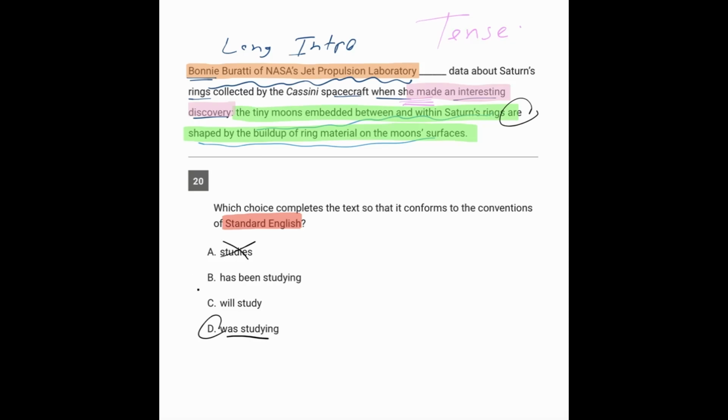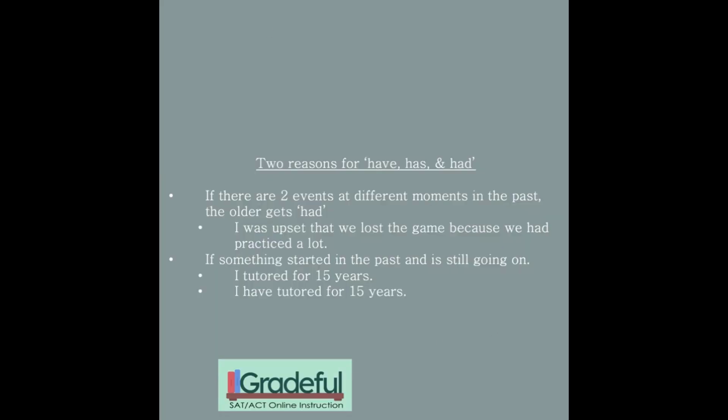A is present tense. C is obviously future tense. And B is a special situation. We have two main reasons when we would use the words have, has, and had, sort of randomly in a sentence. That's if there are two events that are happening at different moments in the past. In that situation, the older one gets had. That is, if there's nothing else in the sentence telling us which thing happened first.